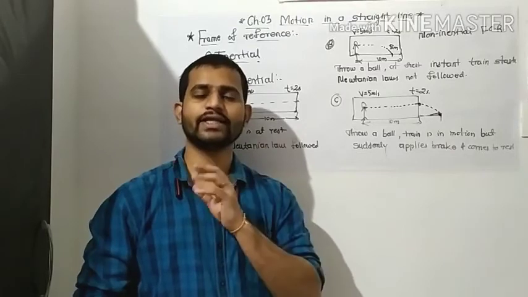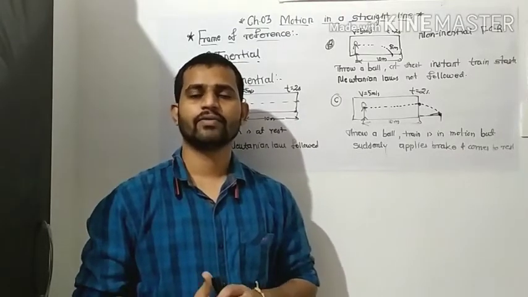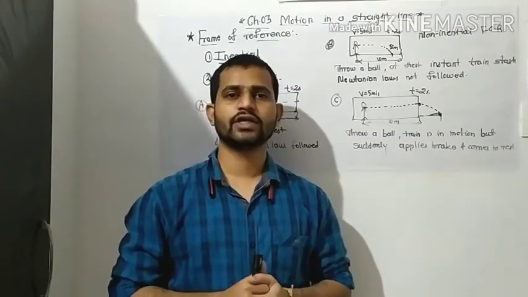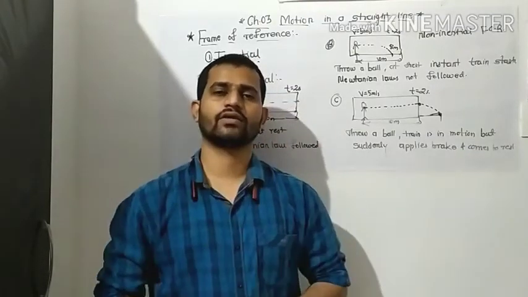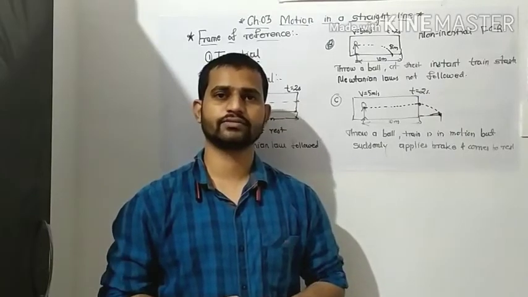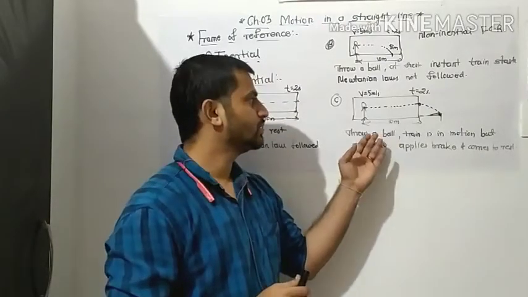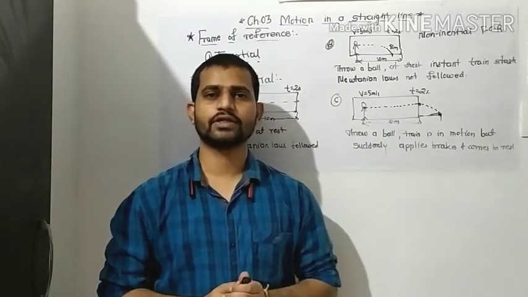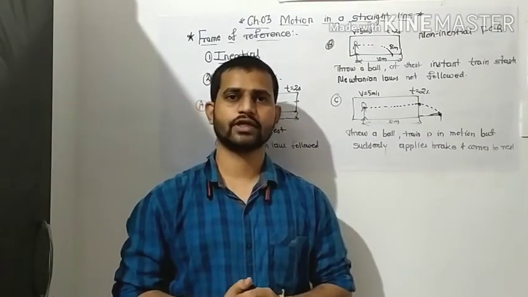So due to that inertia, it acquires the speed of the train, and due to which it will get some larger distance. So that's why this motion of a ball comes under the non-Newtonian type of motion.